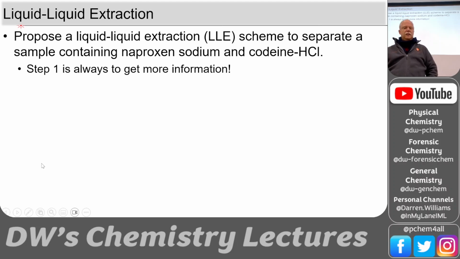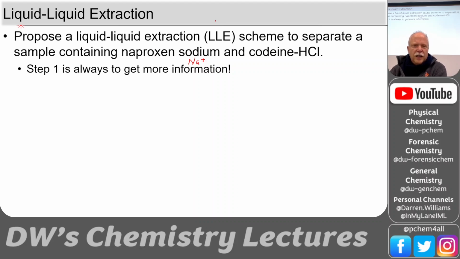So let's look at these liquid extraction schemes. This one is trying to separate two drugs, naproxen sodium and codeine HCl. Now let me talk about the names right away. You've seen this. You can look at the side of your medicine bottle and see naproxen sodium. So what do we know from this name? Whenever we see sodium, that's going to be in this formulation a sodium cation.